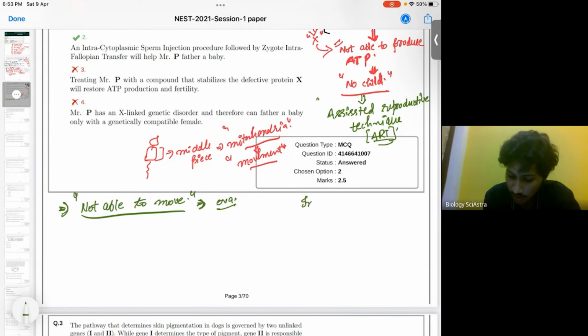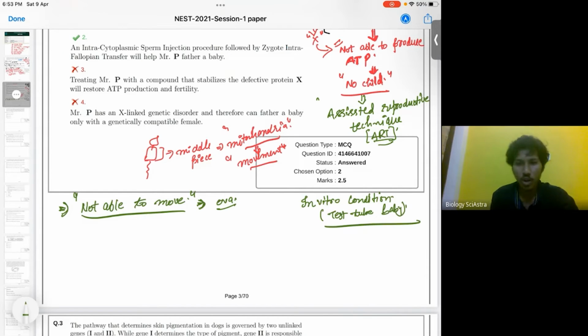So if it is done in vitro condition that we usually call what? Test tube baby, then this problem will be resolved, है ना? क्योंकि प्रॉब्लम जेनेटिक्स में नहीं है, प्रॉब्लम है स्पर्म के मूवमेंट में. स्पर्म मूव नहीं कर पा रहा है तो हम उसको मूव करा के भेज देते हैं. So it will be resolved by doing in vitro fertilization.